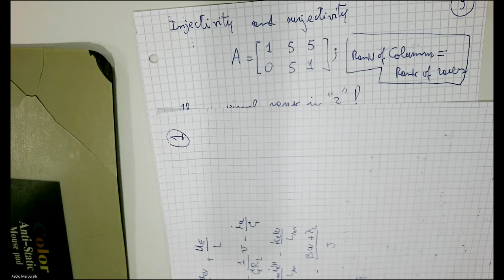Because the rank is the maximum number of linearly independent rows. Perfect. This means the range or image is exactly the codomain. Do you remember this scheme in which I put the projection, the transformation, which covers all the codomain? This implies that the image equals the codomain. This means the rows, as you told me, are independent.